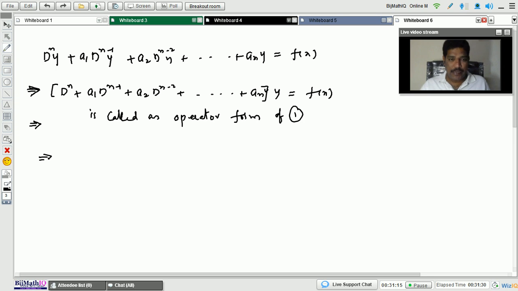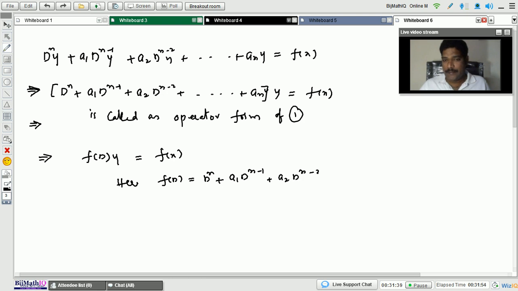Generally such expressions are denoted as f of D into y equals f of x. On comparing, f of D equals D power n plus a1 into D power of n minus 1 plus a2 into D power of n minus 2 plus so on plus an, which is an algebraic expression in capital D.